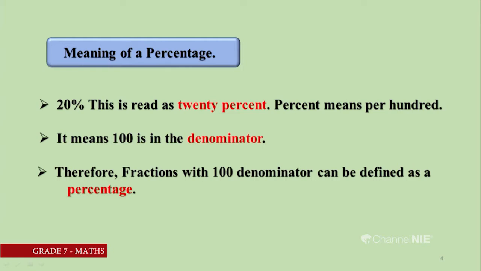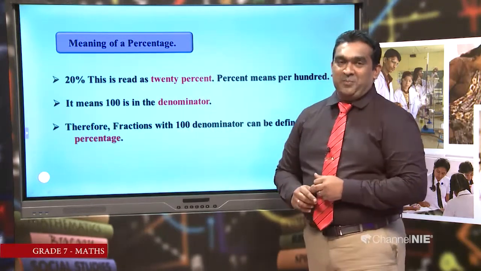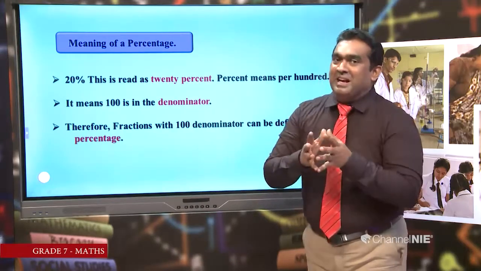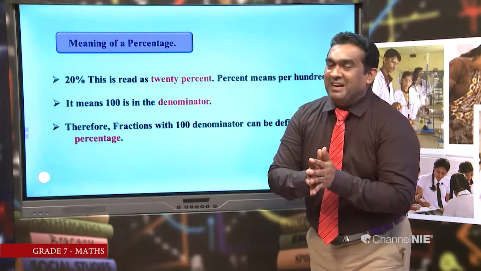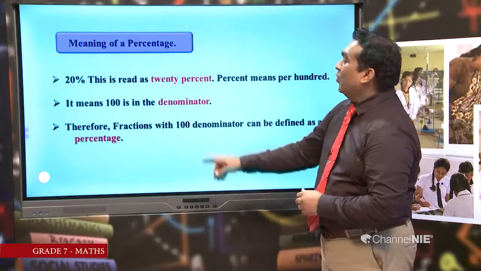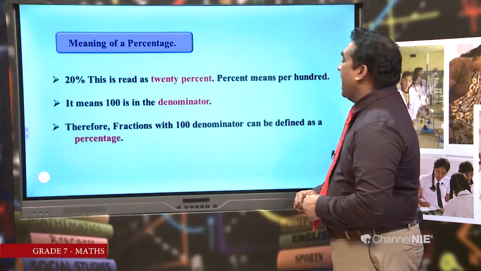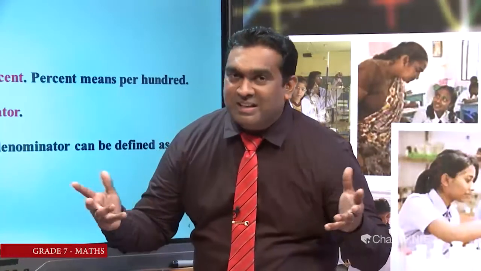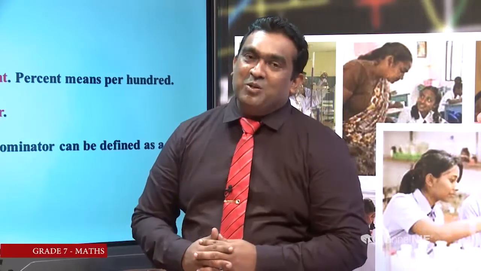It means there are 100 parts in the denominator, which means 100 below the line. Can you understand it? 100 in the denominator. Therefore, fractions with 100 as the denominator can be defined as a percentage. Actually, in this chapter, my kids, we are going to discuss fractions with 100 as the denominator.